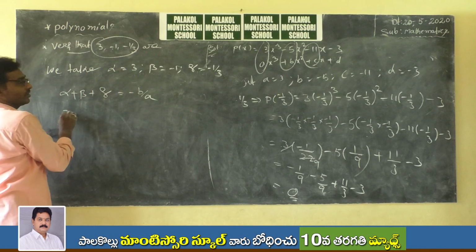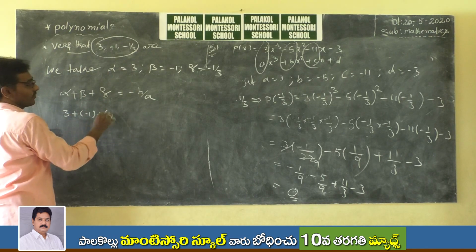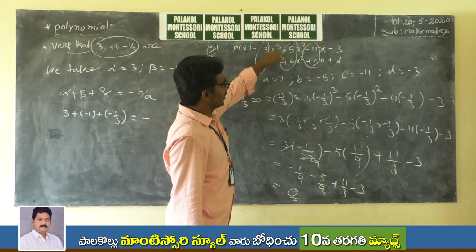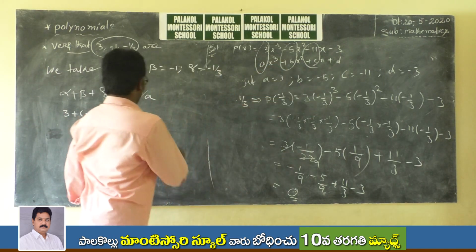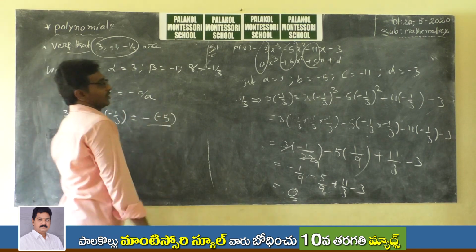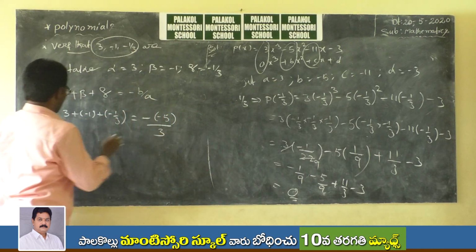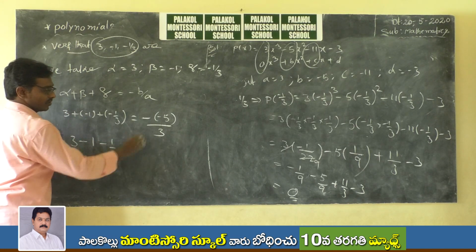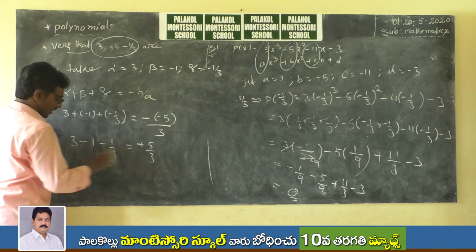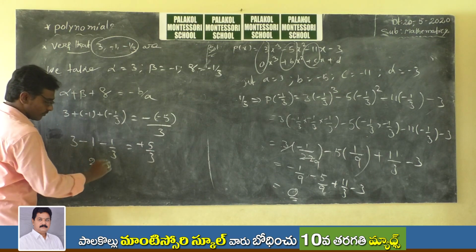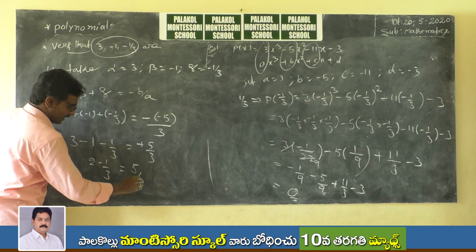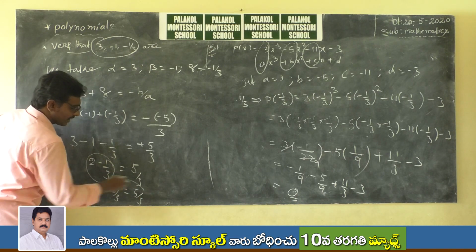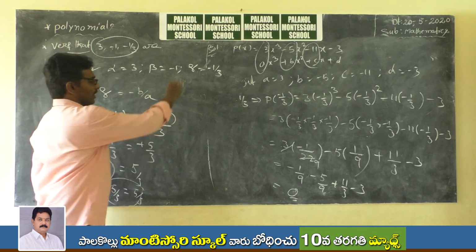Alpha value 3 plus minus 1 plus minus 1 by 3 is equal to minus of the b value, which we already found is minus 5, so minus of minus 5 by a value 3, that is plus 5 by 3. Simplifying, 5 by 3 is equal to 5 by 3. Both are equal. Next one.